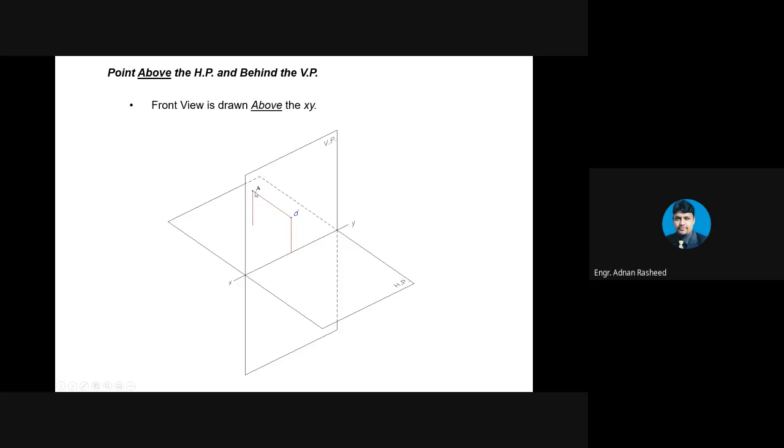Again, if you project this point on this vertical plane, you will get another point, that is the projection of this actual point A, and this projection is represented with a small letter with a prime, showing that it is the frontal view of this point A. The third case is a point above the horizontal plane and within the vertical plane. You can see that this point is in the vertical plane and above the horizontal plane. So this was the third scenario.